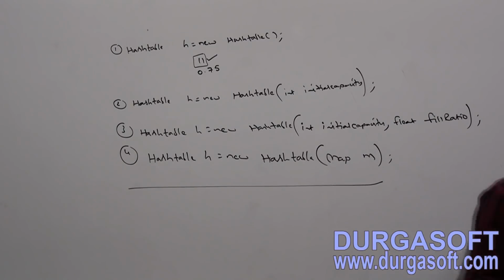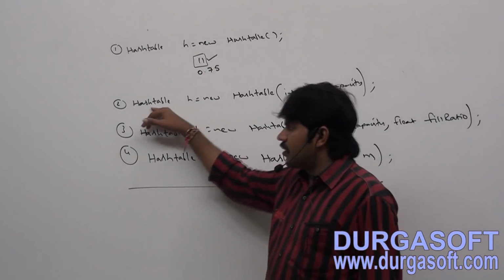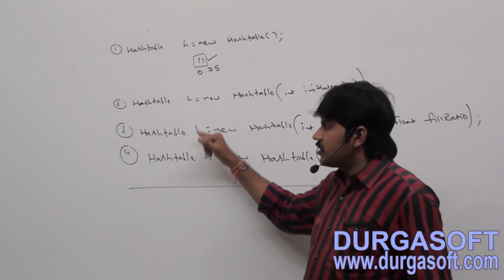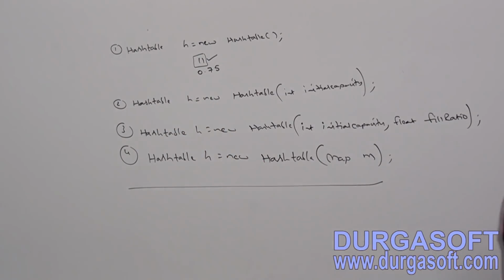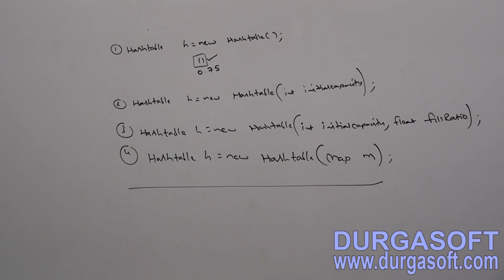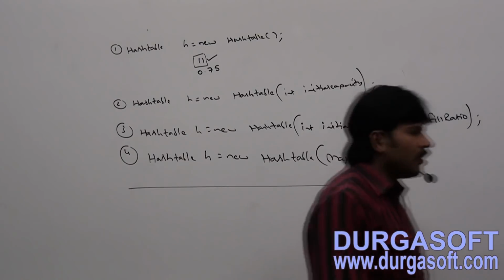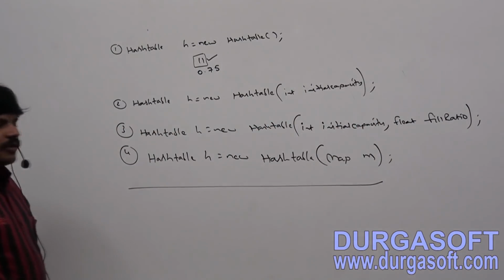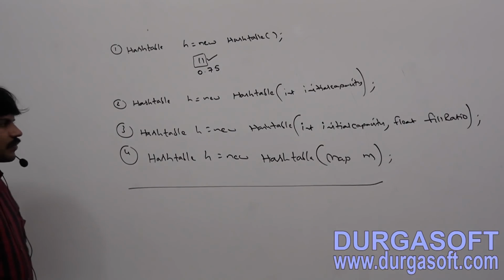Second one does not require any explanation. Do you want me to explain anything here? Next, third and fourth, better to take directly. Hash table h is equal to new hash table of int initial capacity comma float fill ratio.